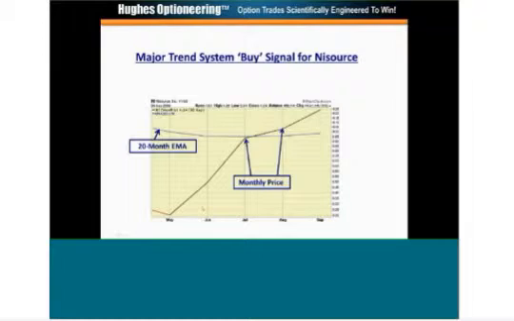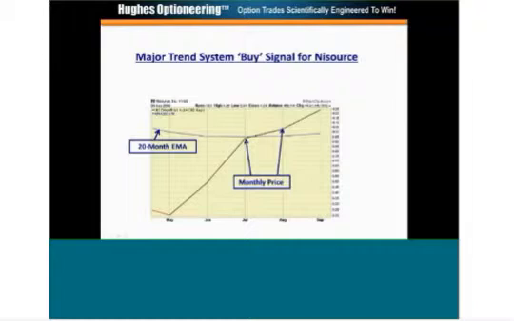This price is the price of the stock the last trading day in June, July, August, etc. So we can see back in July that the 1 month price of NiSource on that last trading day was below this 20-month exponential moving average. So we don't do anything if it's below that 20-month exponential moving average.